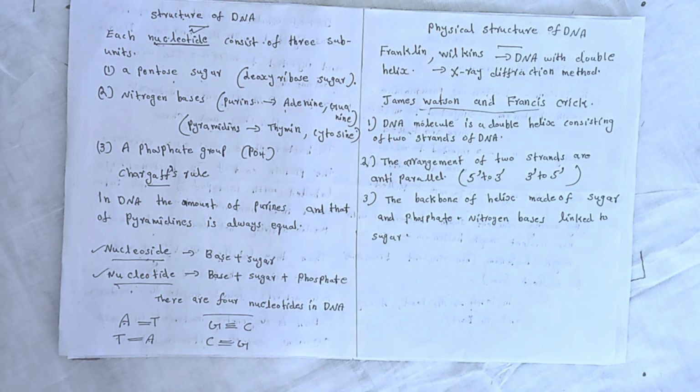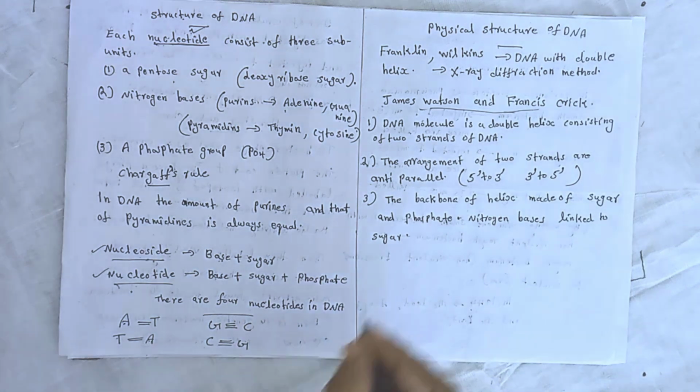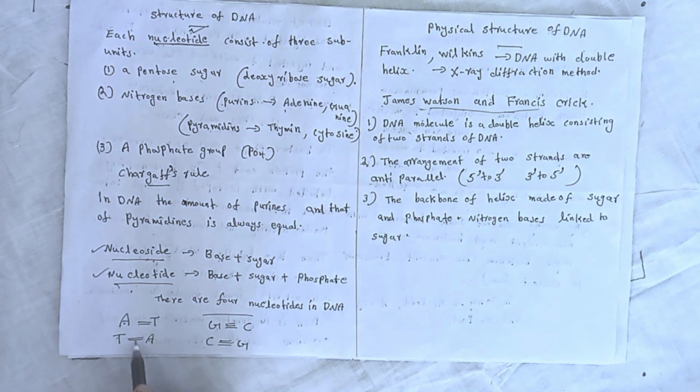Next point, bases of the two strands are linked by hydrogen bonds. Here we can see hydrogen bonds. These are nitrogen bases of the two strands.